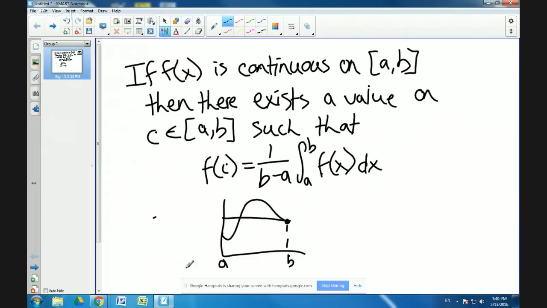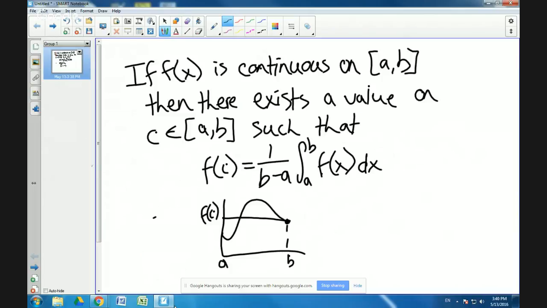So this would be your f of c value. Just think of this as finding the average height of your function, and that might help you understand what that is.